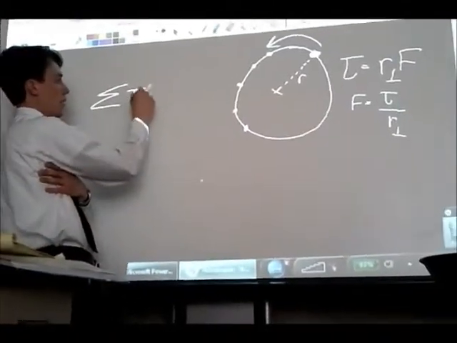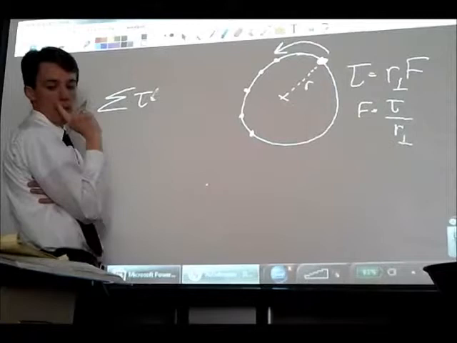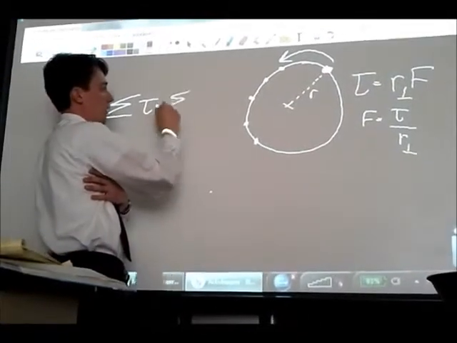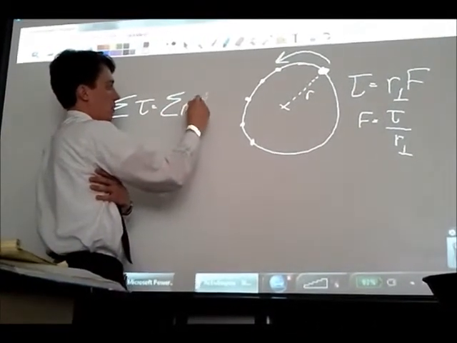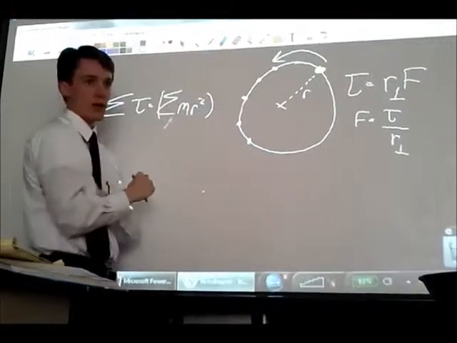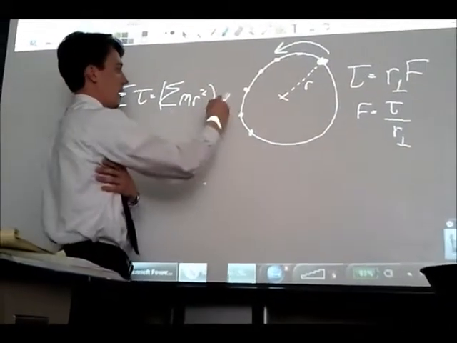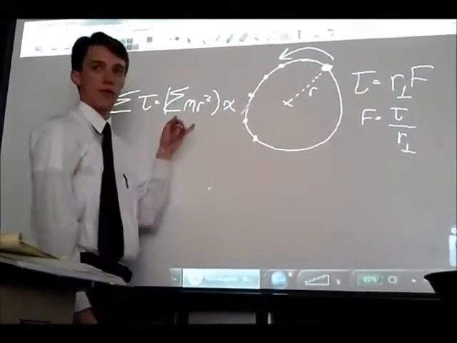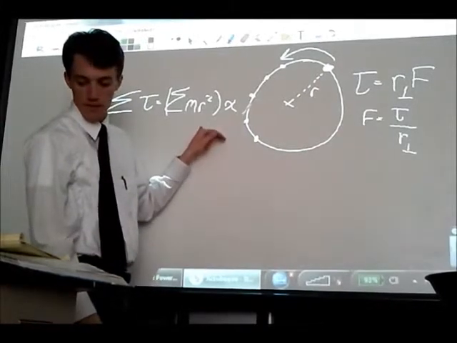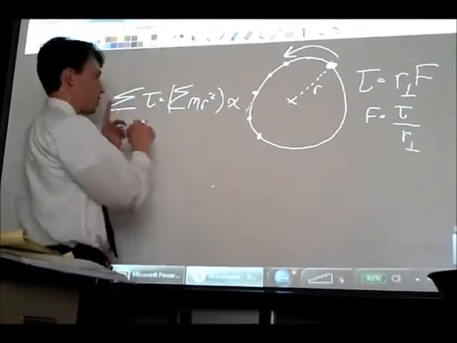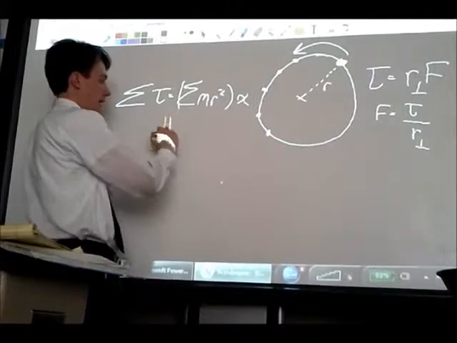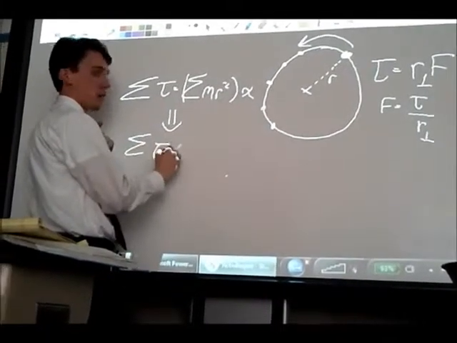So what we say then is we say the sum of all the torques is equal to, watch how I write this, the sum of m r squared for every single point times alpha. Put this in parentheses first. Okay? So, you may also rewrite this as this.